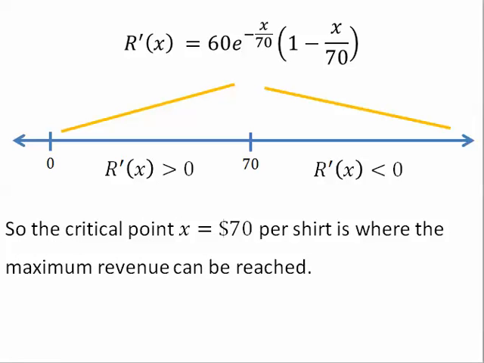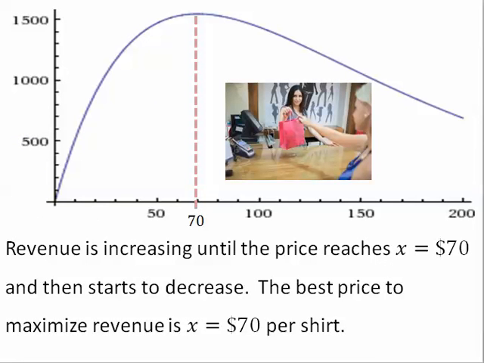So the critical point, x equals $70 per shirt, is where the maximum revenue should be. Just to recap, revenue is increasing until the price reaches $70 and then starts to decrease. The best price to maximize revenue is $70 per shirt.